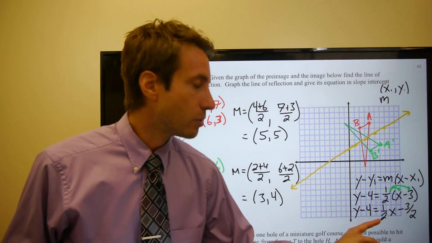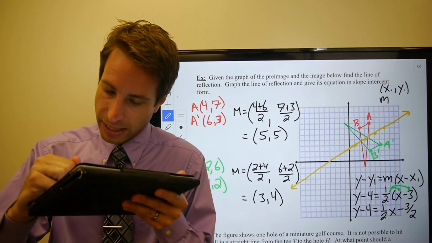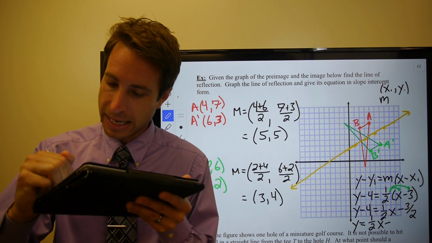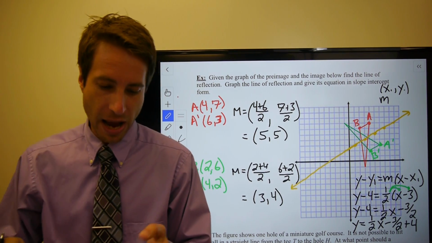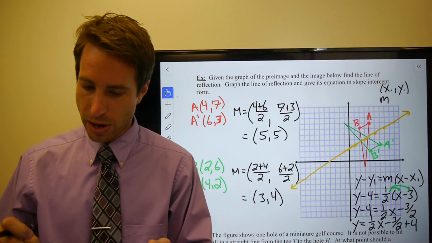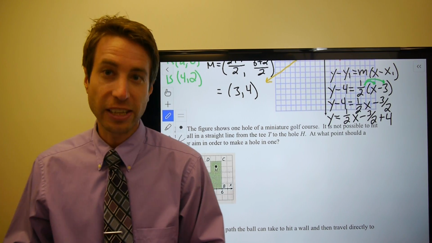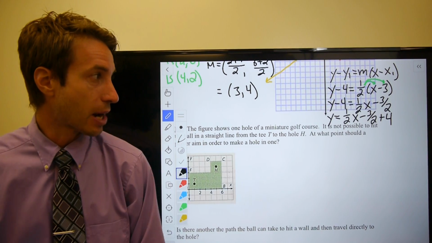Now, subtract. It is a minus 4. Add the 4 to the other side. So y is equal to 1 half x minus 3 halves plus 4. And you're probably thinking to yourself, what am I supposed to do with that? Don't worry. You have a perfectly good calculator right here capable of adding and subtracting fractions.